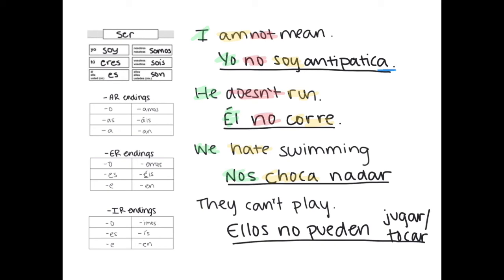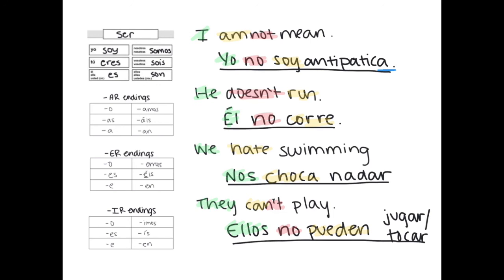So now for this last sentence, we have they can't play. So they is ellos, and then can't, I actually use a contraction here, so cannot, so I'll highlight that N'T there, that stands for not. And then the can part is our pueden, and then play translates to either, if you're talking about playing a game or sport, you have jugar.